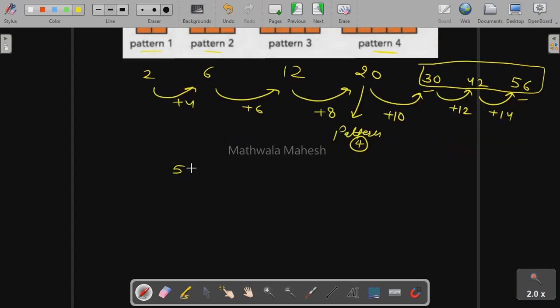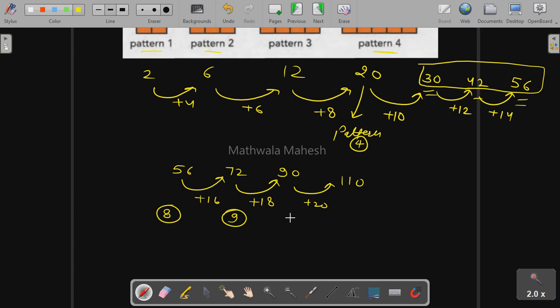If I add plus 16, so I will get 72. And if I add 18, I will get 90. And if I add 20, so I will get 110.